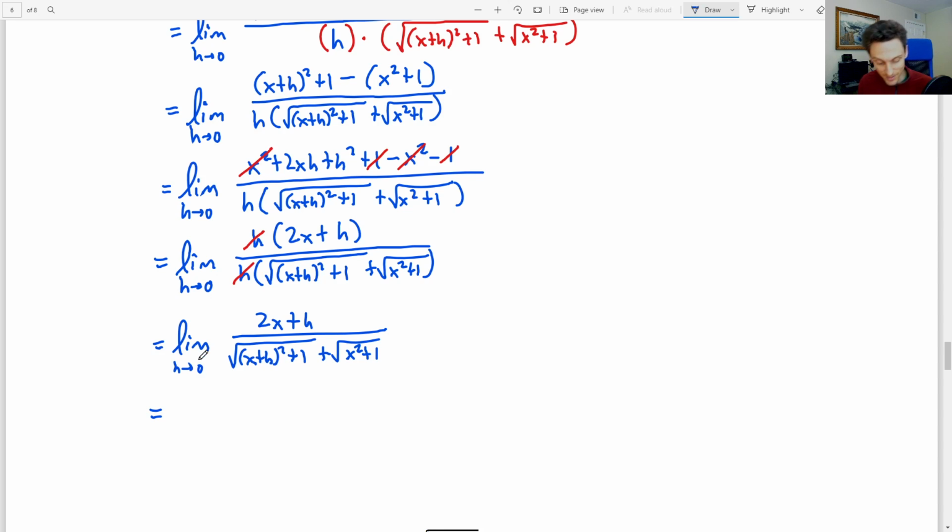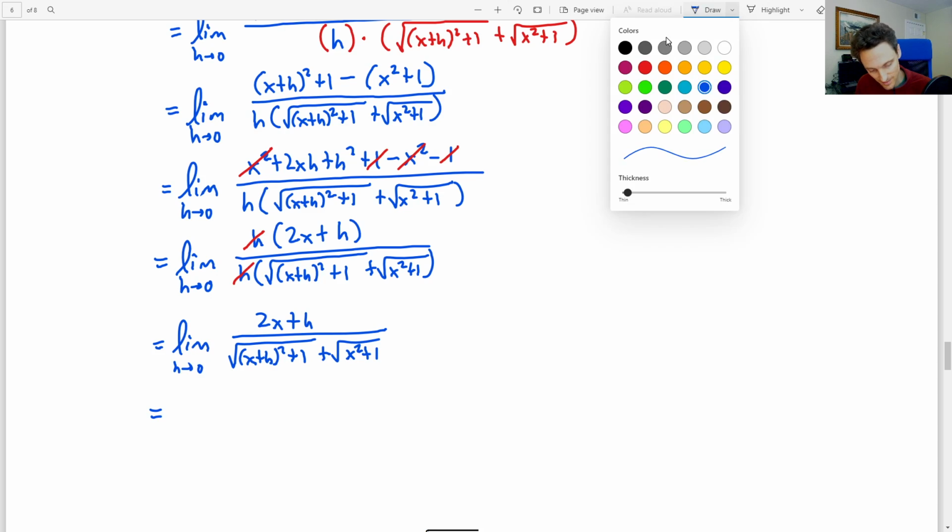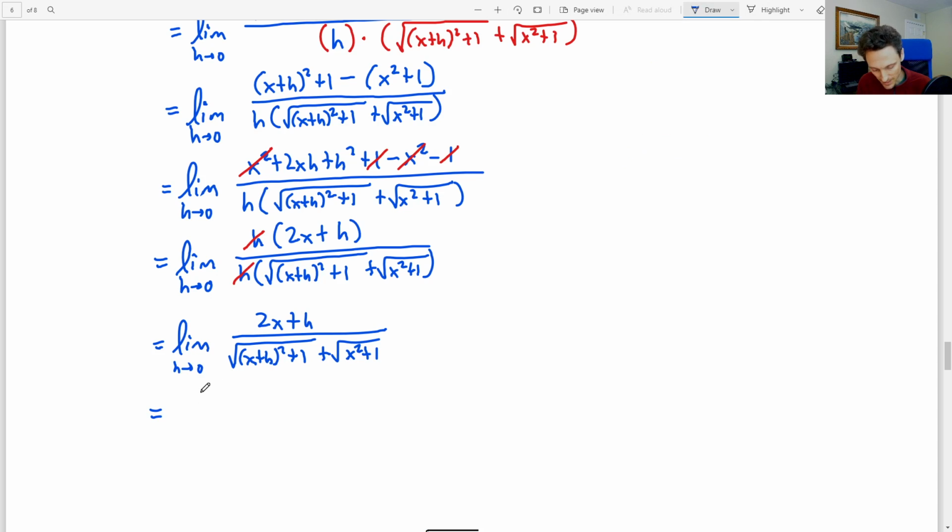Okay, so now at this point we can plug in h equals 0. And we'll have 2x left on top over the square root of x squared plus 1 plus another square root of x squared plus 1, which is 2 times the square root of x squared plus 1.